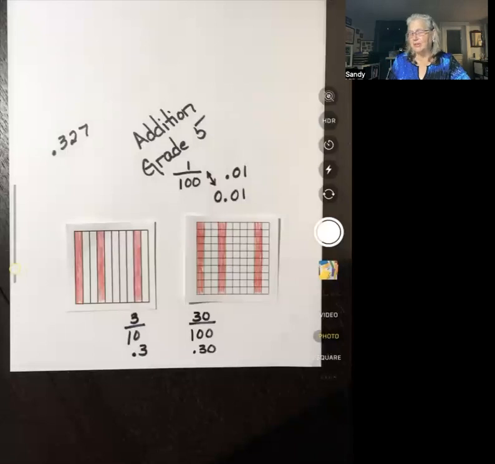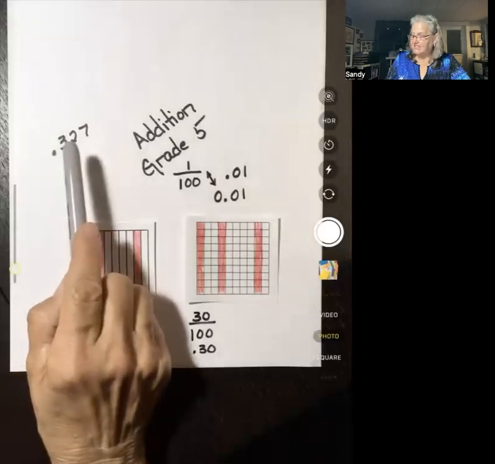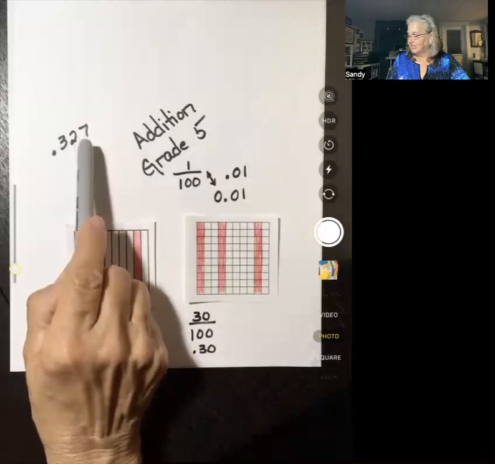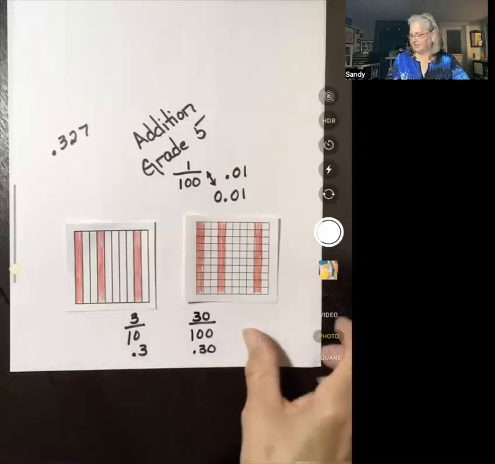At the same time we're building the foundation, because it's about combining like units, that this is tenths, this is hundredths, this size pieces, and then the thousandth size piece, I could cut each of these into 10 equal sections. Okay, so building that foundation, we're picking the models purposefully and building connections between common and decimal fractions.